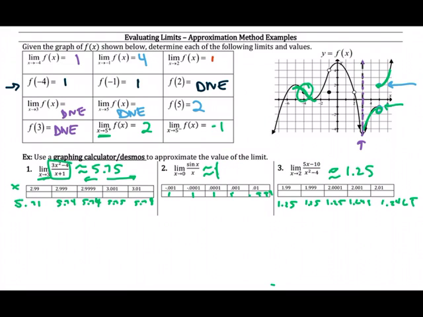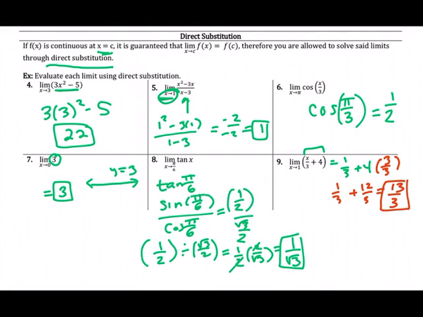We then spent some time looking at a graph and analyzing the limits from a graph, as well as looking at a table or completing a table to look at a limit from a function. We wrapped up by evaluating limits using direct substitution, which we are allowed to do as long as a function is continuous at the specific value that we are looking at.